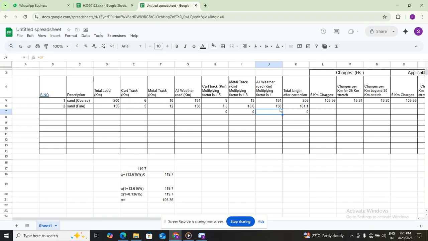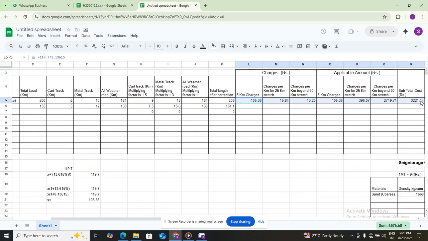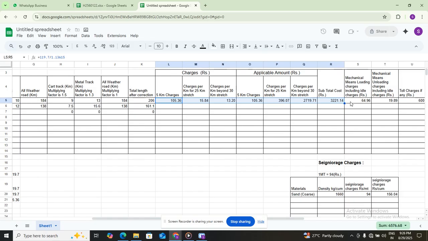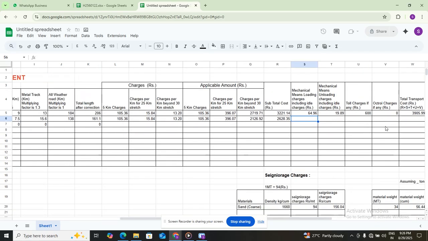We will come to 138. Total after correction is 161. We assumed 158 kilometers as the total, but a sandy track is there, that's why we need to increase some more distance. This charge is also constant, it will not change. I need to drag these formulas, already entered. Unloading charges are also the same.